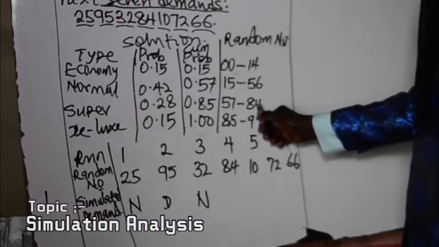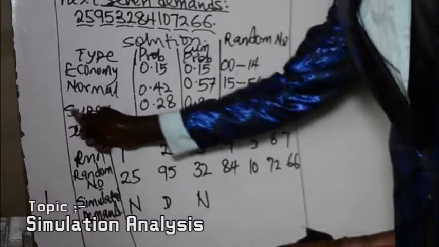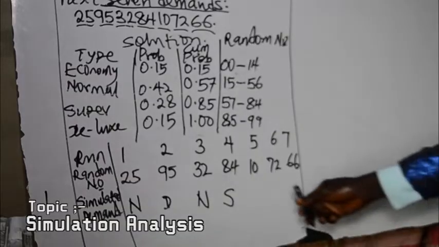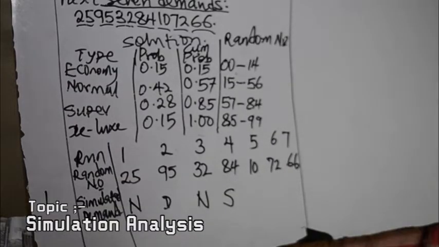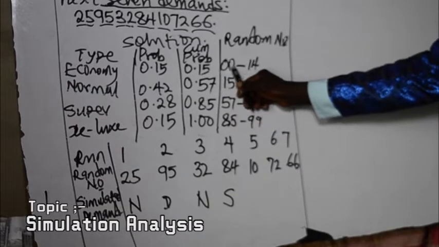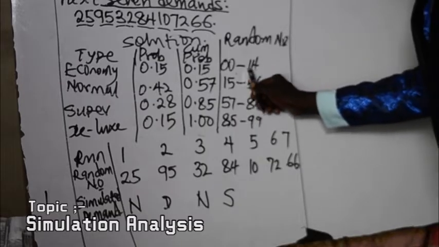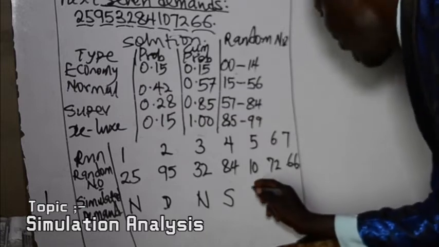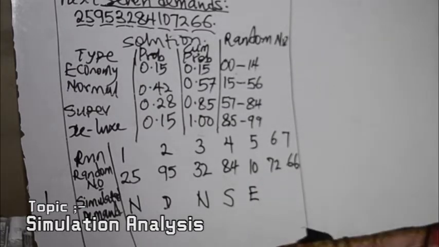The next random number is 84. 84 is obtained here, and that is for super. Then the next random number is 10, which lies between 0 and 14, so the demand is economy.